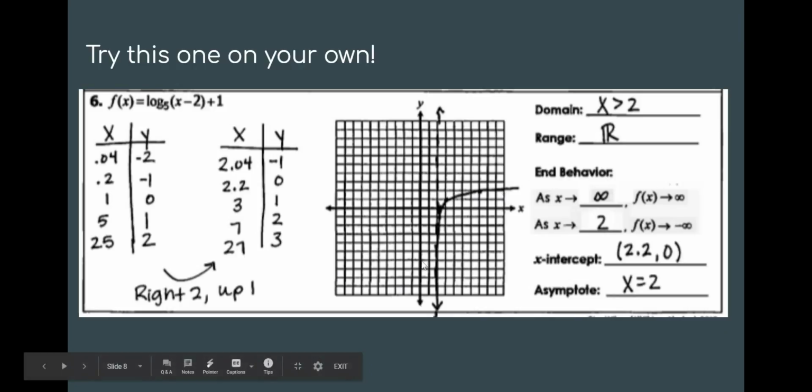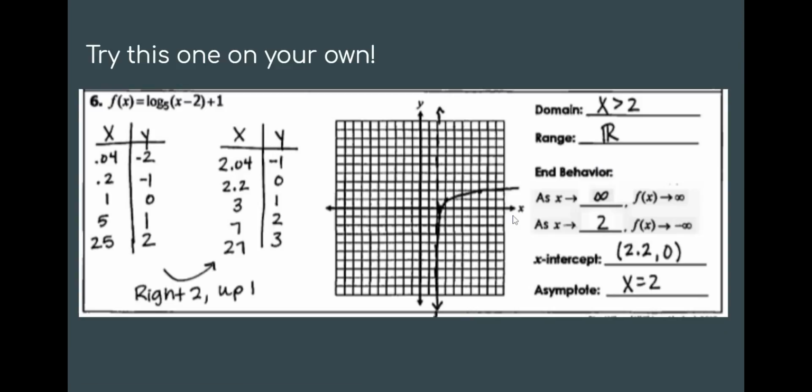So our graph looks a little something like this. This is a dotted line, which means that's my asymptote. The asymptote is x equals 2. The x-intercept is 2.2, 0. That's a coordinate point. As x approaches 2, y goes to negative infinity. As x goes to positive infinity, so does y.